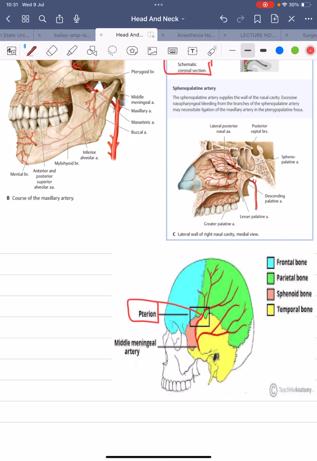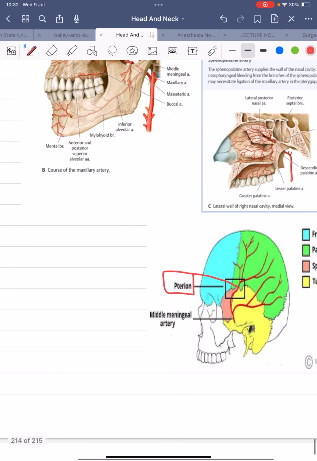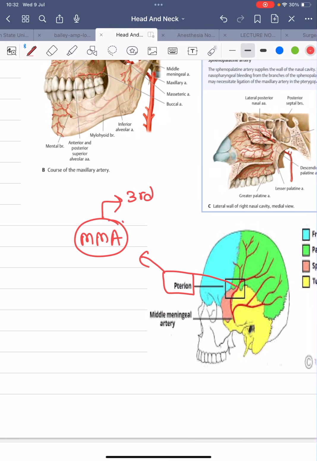Please remember, pterion point, what is passing? Your middle meningeal artery is passing, which is a branch of your third part of your maxillary artery. Which is a branch of your what? Third part of your maxillary artery.